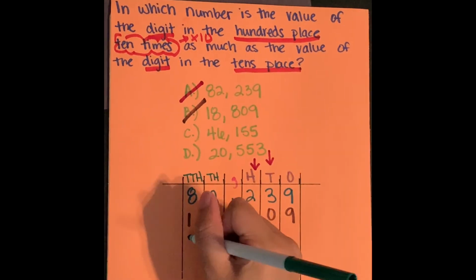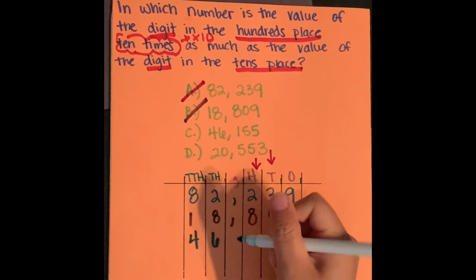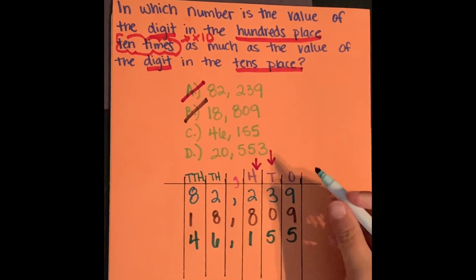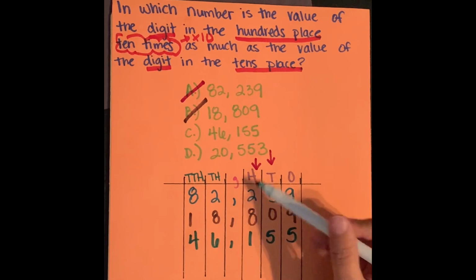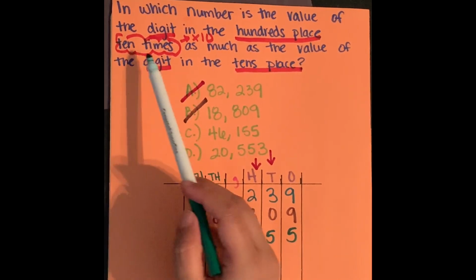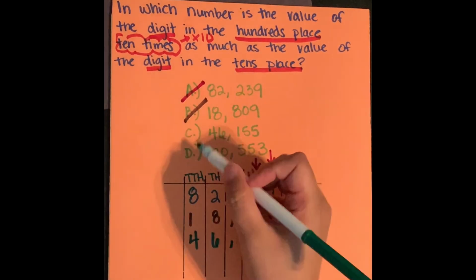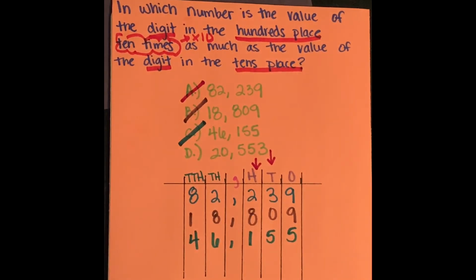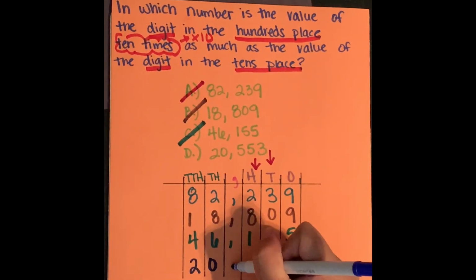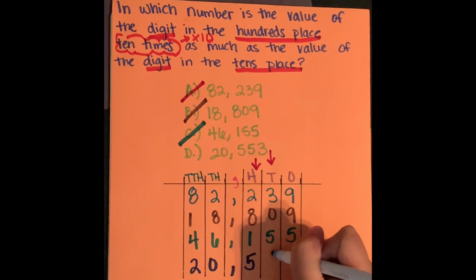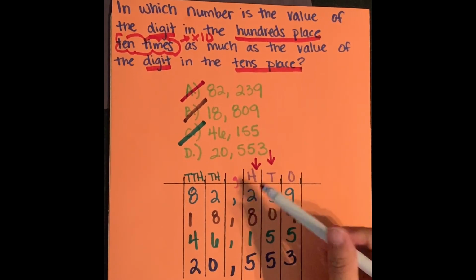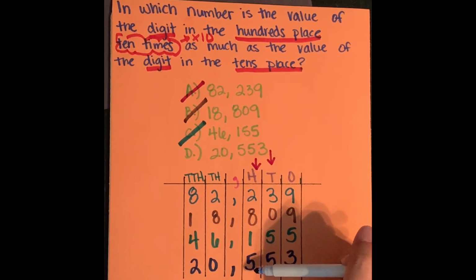Let's look at C. We have 46,155. We have a 5 in the tens and a 1 in the hundreds. Not the same digit, so it cannot be 10 times as much. C is out. D, 20,553. We have a 5 in the tens and a 5 in the hundreds.